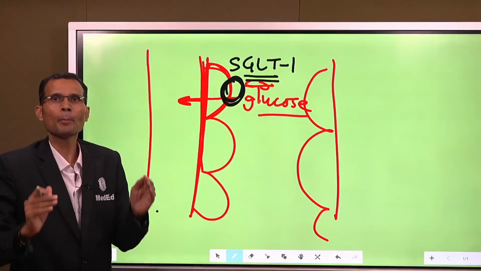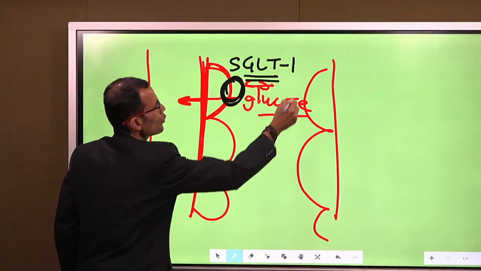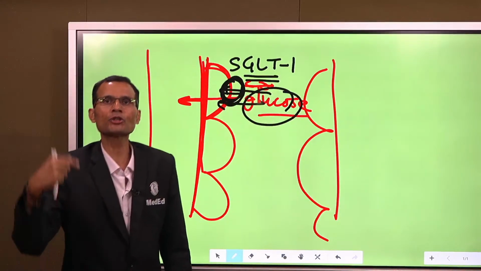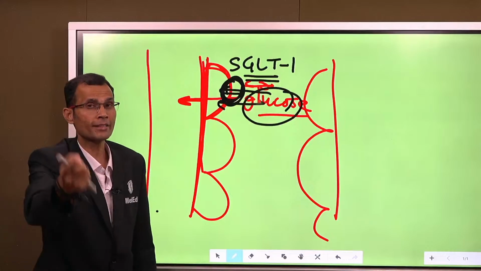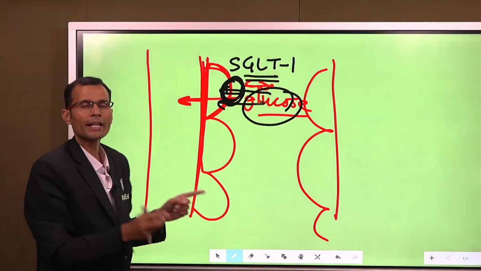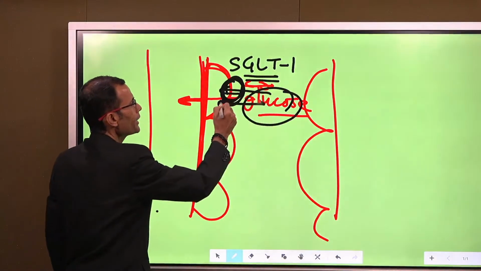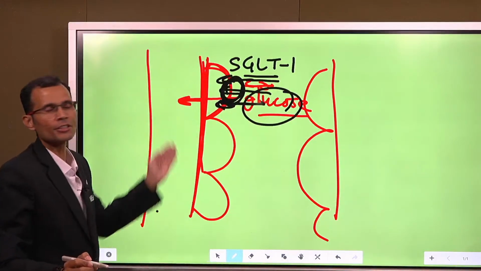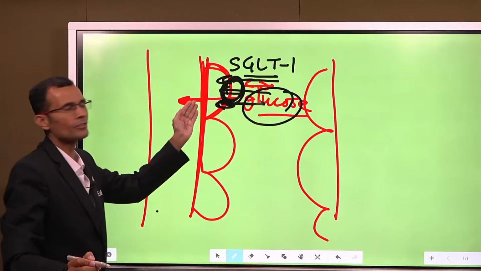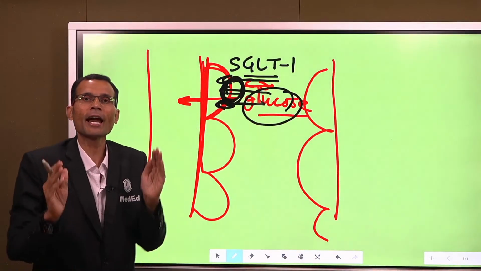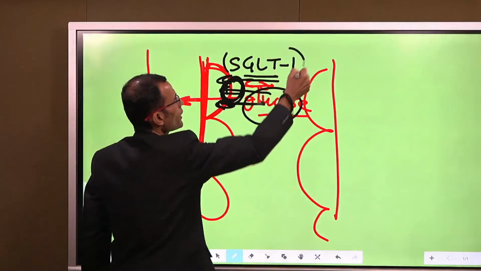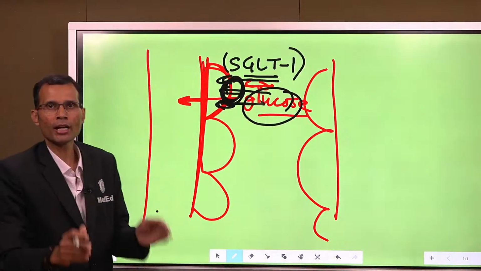It is needed because glucose is entering the cell against its concentration gradient. Which cell are we talking about? The GI lining cell. So glucose is entering the cell from low to high concentration. Therefore, it requires an active transporter. So that is SGLT1, a secondary active co-transporter.